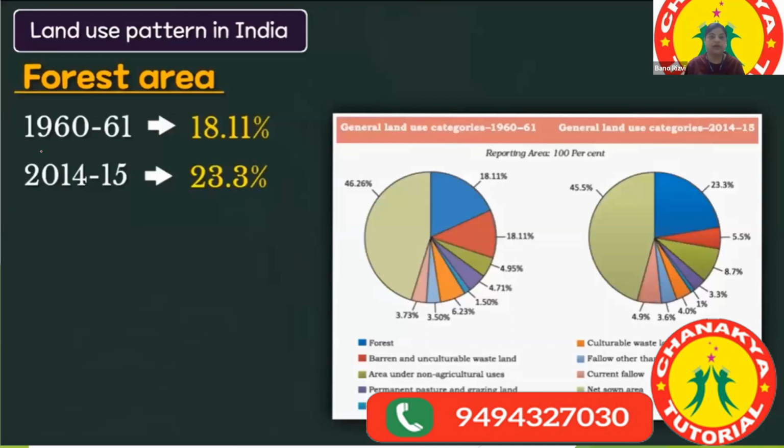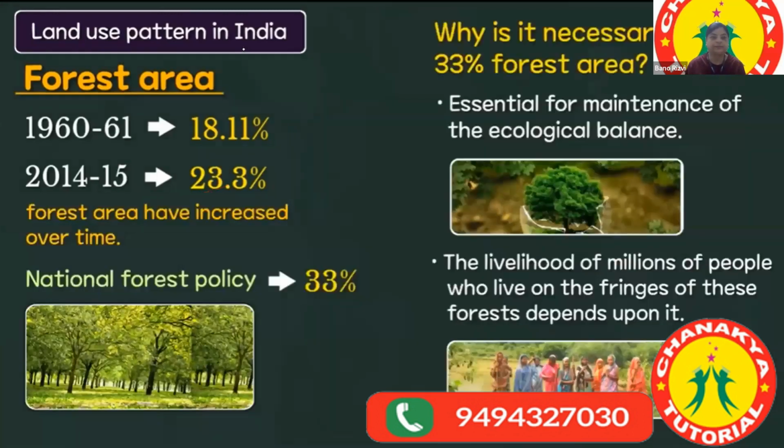Now the forest area in 1960-61 was 18%, and in 2014-15 it was 23.3%. Like you see, the forest area has increased over time. But what should the percentage be? That is 33%. We should have at least 33%, but what are we having?